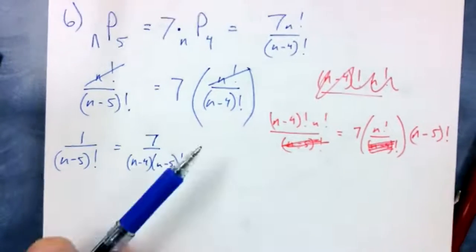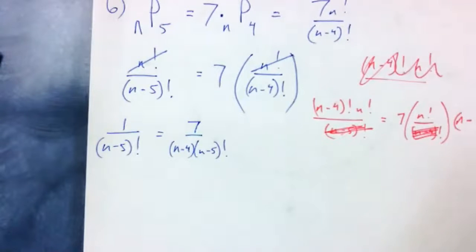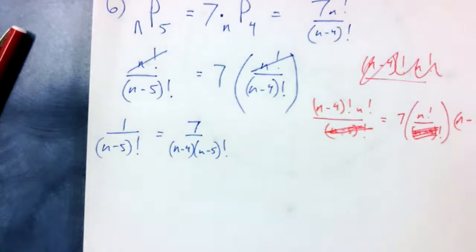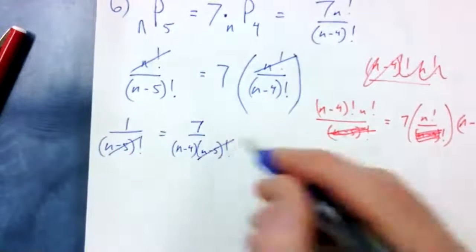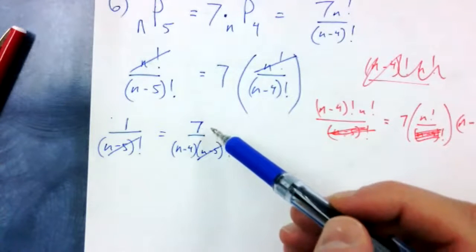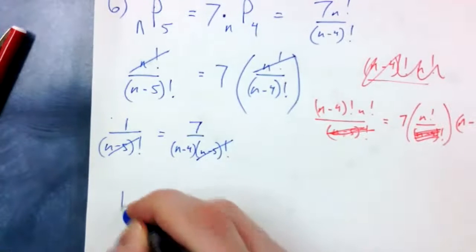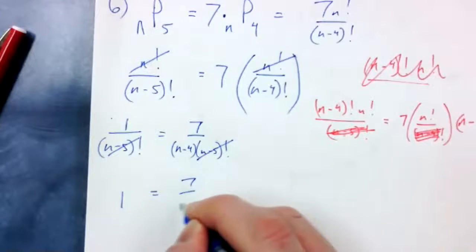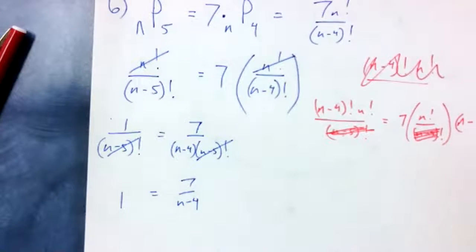Now I've got my n minus 5s that I can cancel. To do that, technically, I multiply both sides by n minus 5 factorial. That's n minus 5 factorial on the top, and the n minus 5 factorial on the bottom cancels. So now I've got 1 equals 7 over n minus 4.